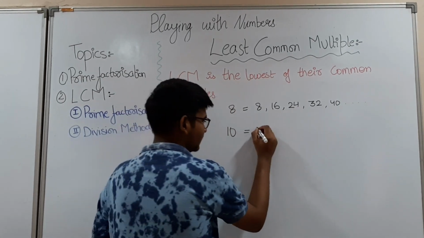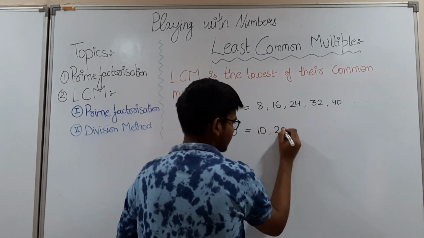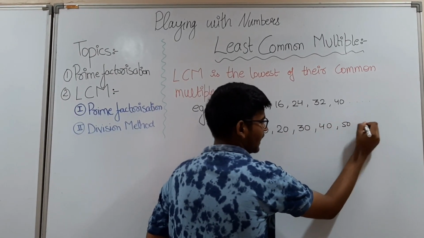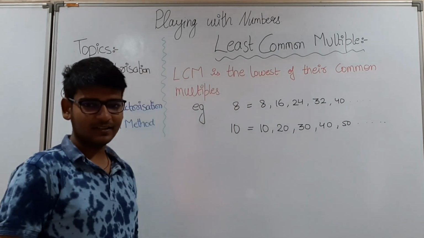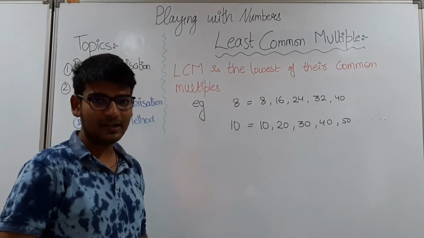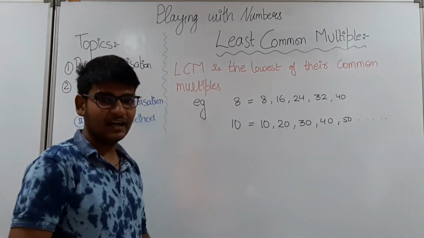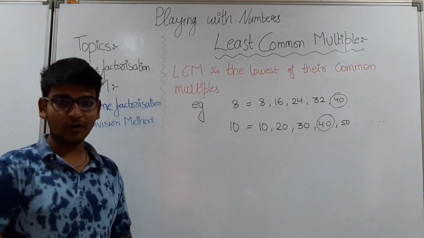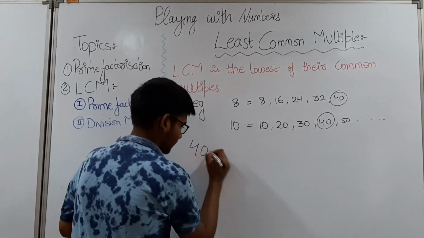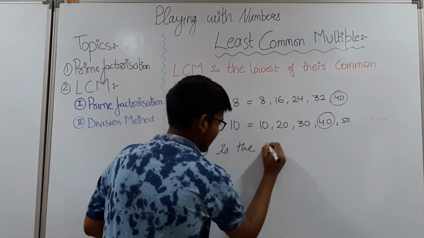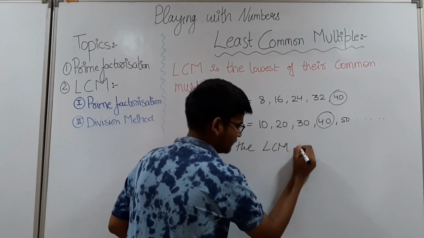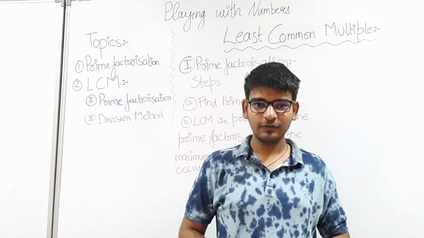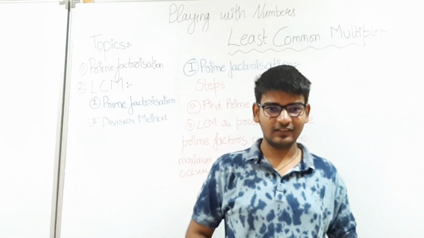And for 10, there are 10, 20, 30, 40, 50, and so on. As you can see, the first lowest common multiple of 8 and 10 that we found is 40. So we say that 40 is the LCM of 8 and 10.